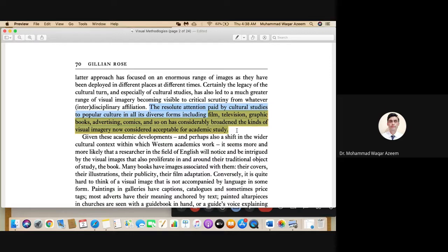So look at the range, okay? But then this is an old book, right? This is not a recent book. It's like 30 years ago that we are talking about. And I'm sure you will agree that all these things have become even more prevalent in our current times.